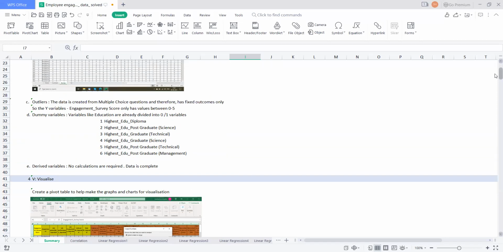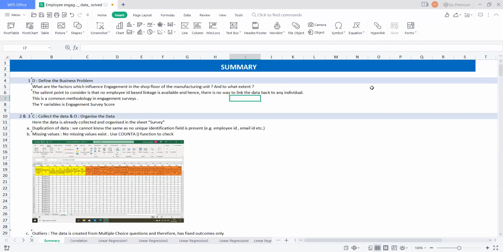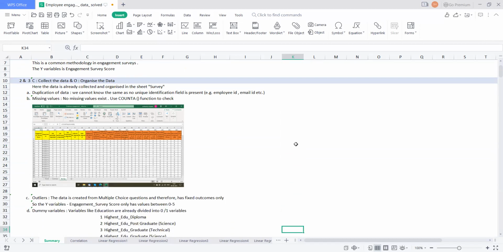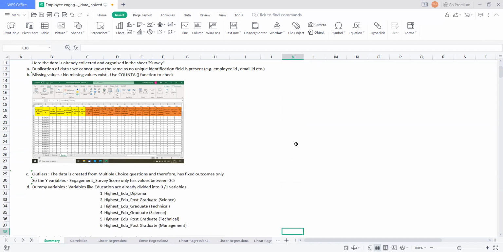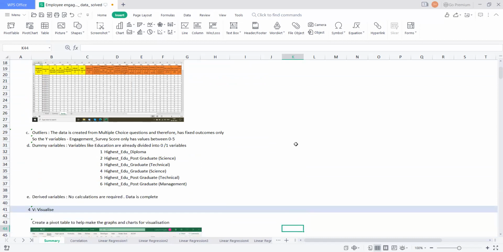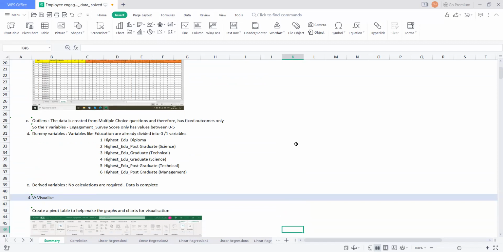As you know, I always like keeping a survey summary sheet in the data so that it's very easy for me to go back and check on what I did in the earlier run-through on that data. So there are no missing values, there are no outliers. The survey score is only between 0 and 5, and there are enough and more dummy variables created, on highest education, last job, and hike percentages.